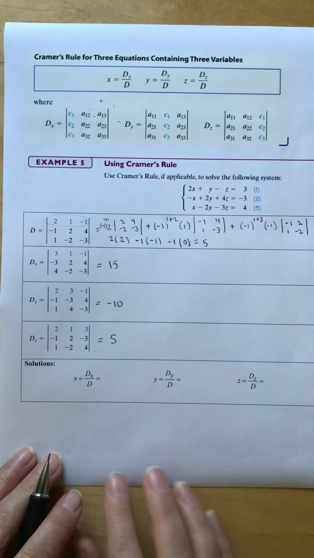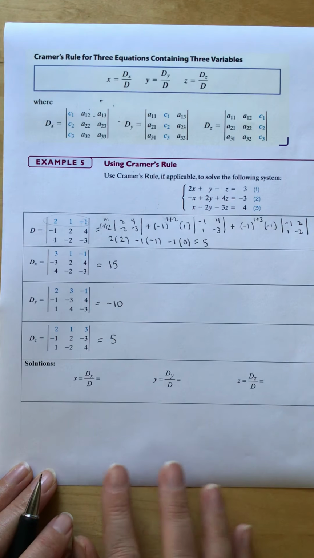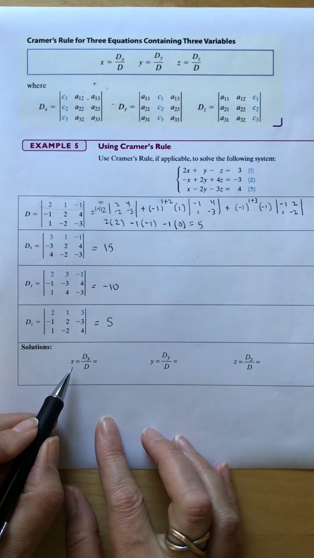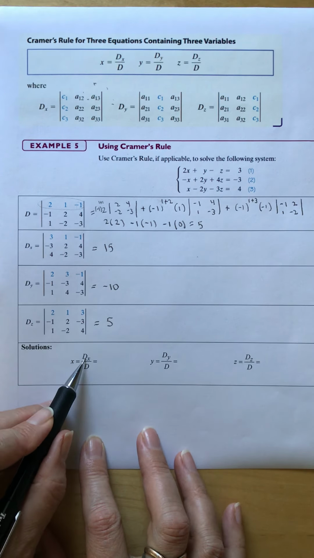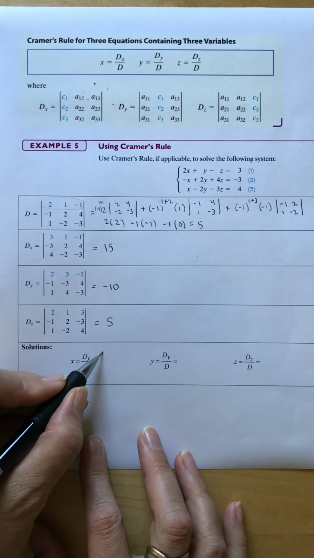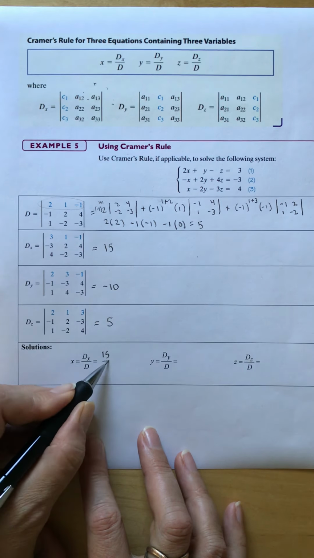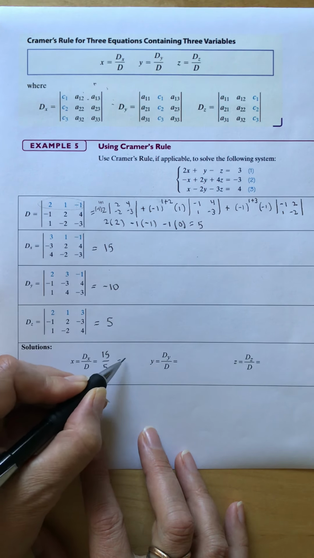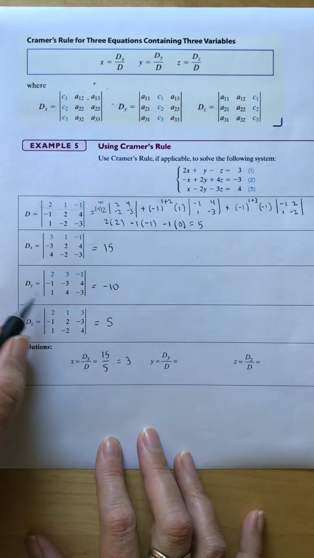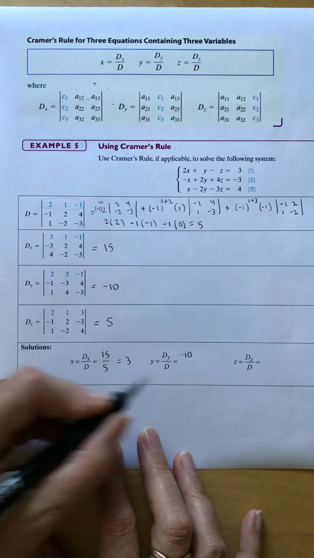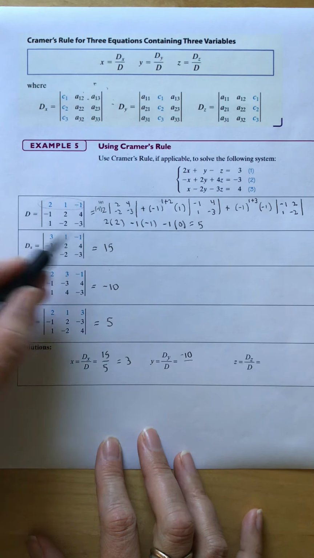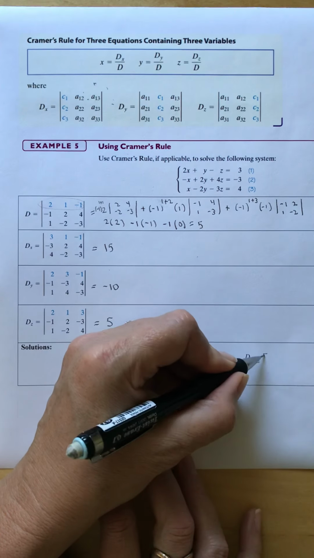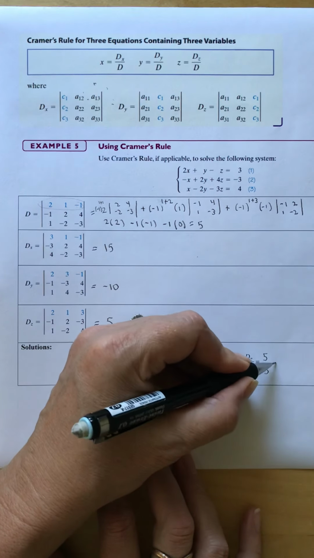If we'd been in class, I would have made each group do one of those. And then according to Cramer's rule, the solution is the determinant Dx, 15, over D, which is 5, so 3, and Dy is -10 over D, which is 5, so -2, and 5 over 5, which is 1.